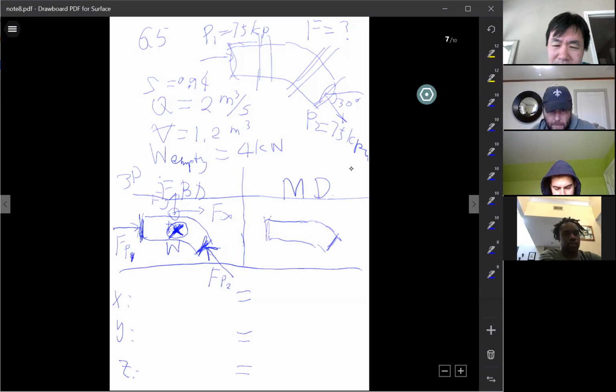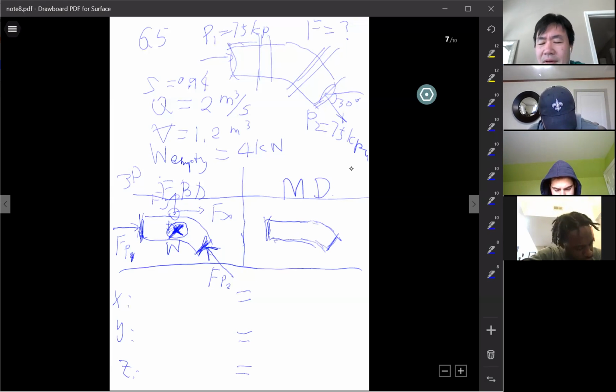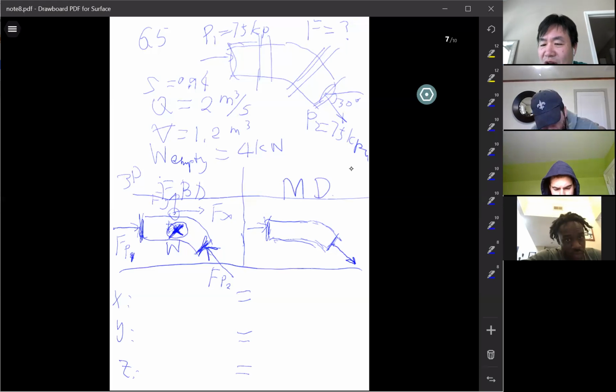Momentum diagram. How many momentums do we have? We have two momentums. Now this is not as simple as last time, when I said momentum out, momentum in. Yes, it is momentum out, momentum in, but the direction matters when you do the calculation. I don't have momentum in the z direction, since it's not moving along z; z is just gravity.